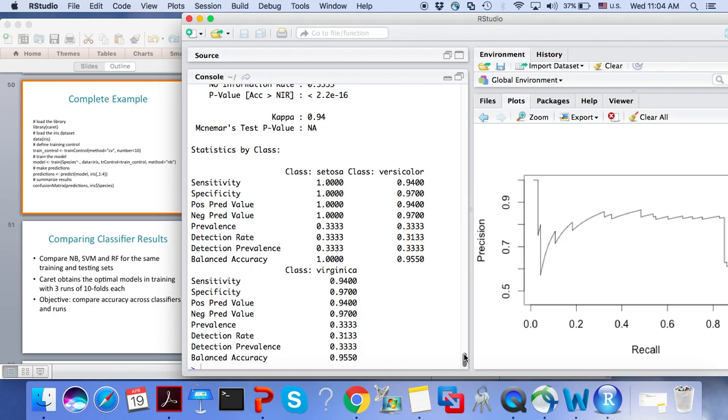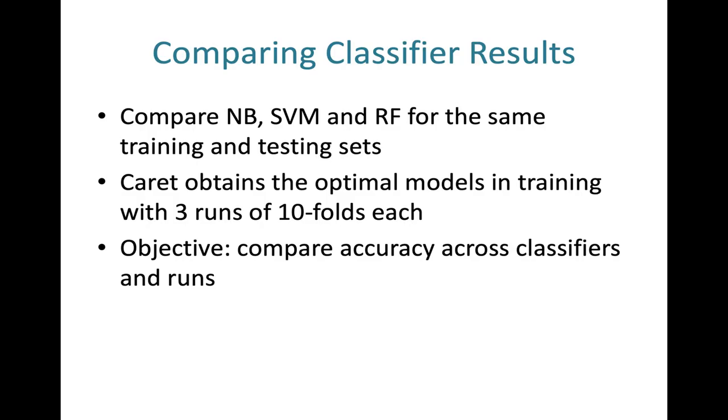But there's more to the Caret package. Another interesting feature, as I mentioned before, is that we can compare performance results across classifiers. So let's see how to do that. Imagine that, for example, we want to compare the accuracy of 3 different classifiers.